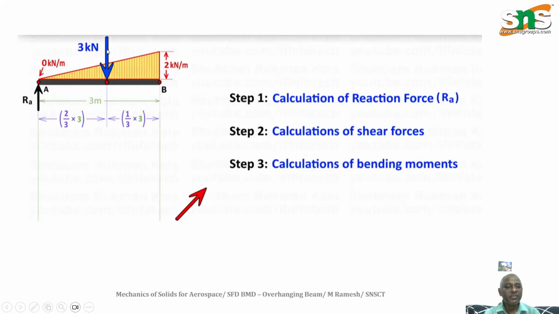Then how to find the reaction force? Then you have to find the shear forces, then the bending moment. I already told you there is only one reaction here at the fixed end. Whatever load is acting, the same will be the reaction. The total load acting is 3 kilonewton, so RA is also equal to 3 kilonewton.